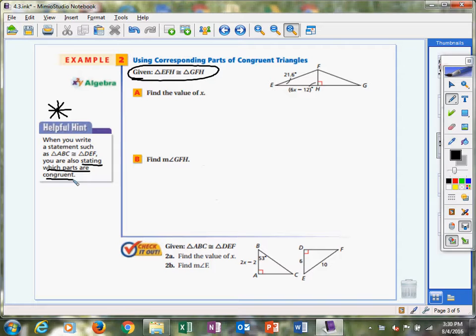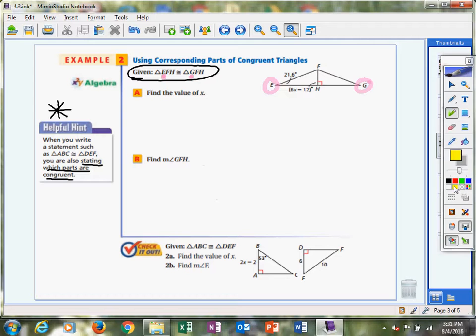And I'm going to go back to my highlighter again, and I'm going to put a little dot under how they line up. So that tells me if triangle EFH is congruent to triangle GFH, E and G are congruent. They are equal in size, okay?